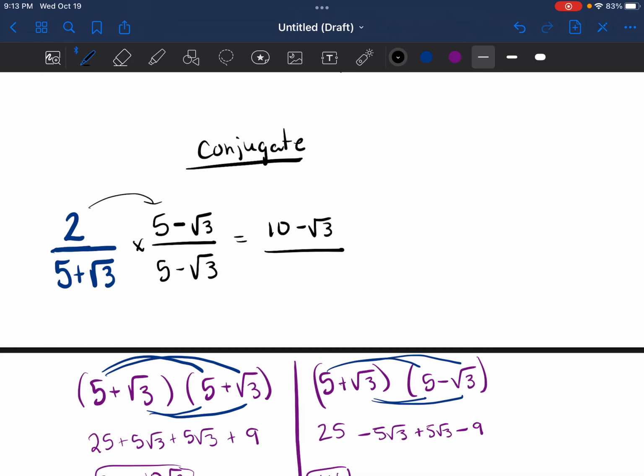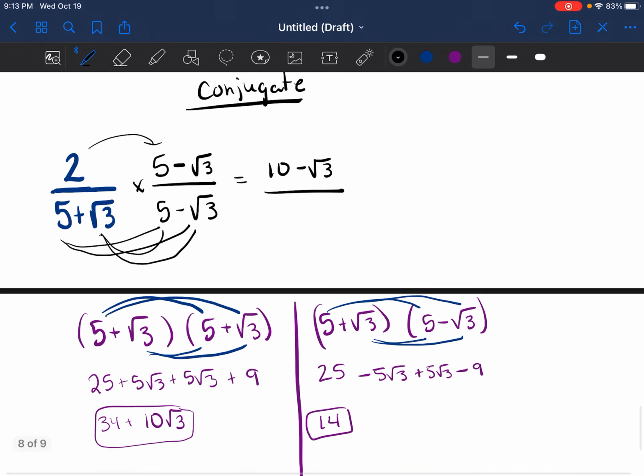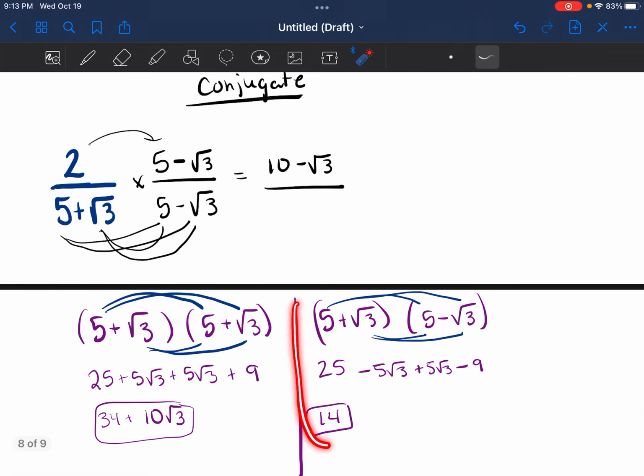And I'm going to multiply 5 times 5, 5 times negative root 3, square root of 3 times 5, and the square root of 3 times negative square root of 3. I have done that work here, and that value is 14.